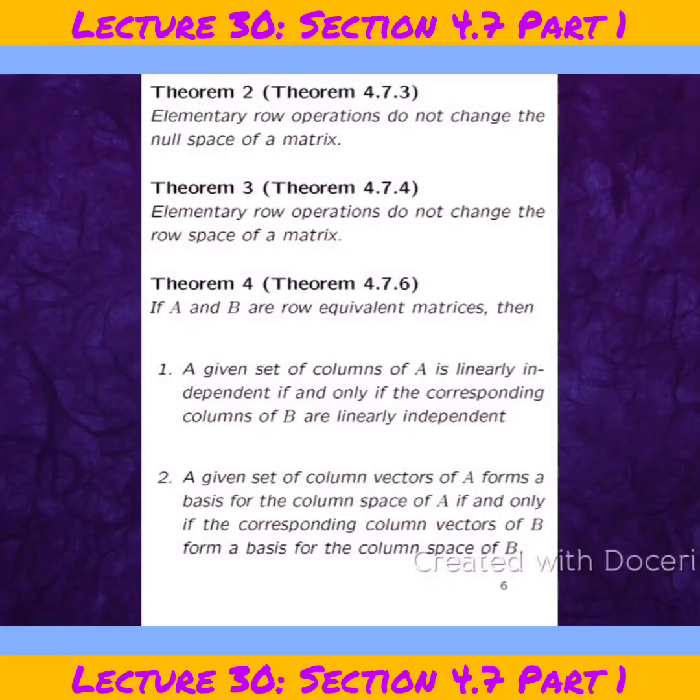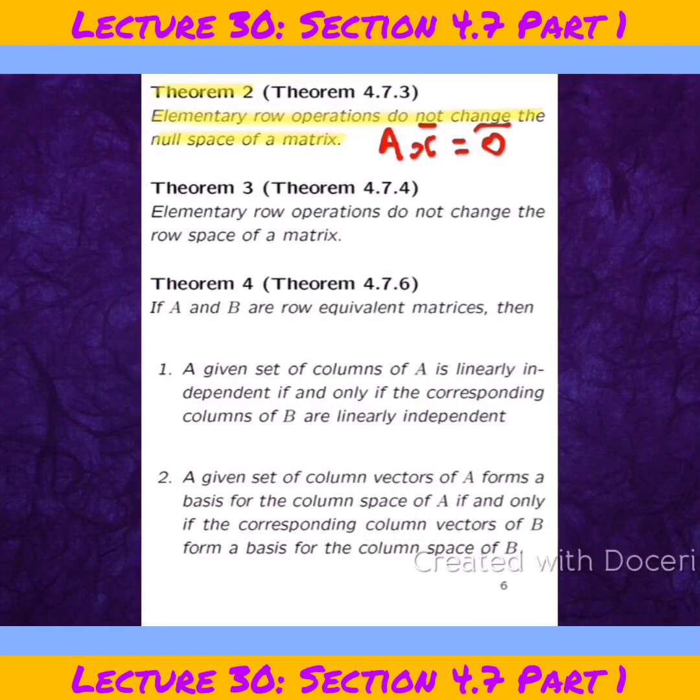Right, that brings us to theorem 2, or theorem 4.7.3. Elementary row operations do not change the null space of a matrix. So if you have a linear system from this equation here, you set up a homogeneous linear system.